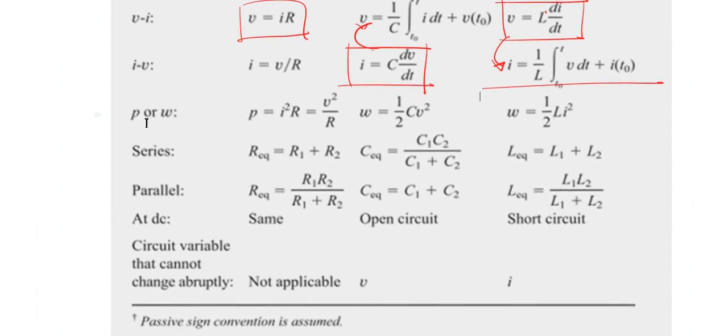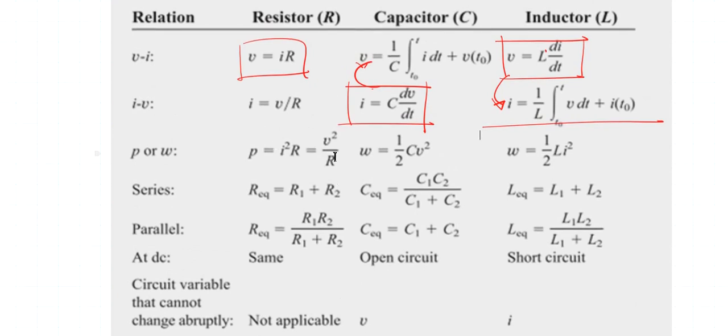For the power or the work, for a resistor this is simply VI, or I squared R, or V squared over R. For the capacitor, we have C times V squared, and for the inductor, that's L times I squared.